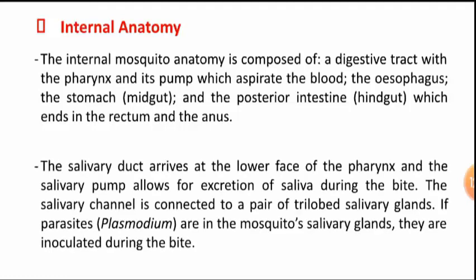The salivary duct arrives at the lower face of the pharynx, and the salivary pump allows for excretion of saliva during the bite. The salivary channel is connected to a pair of trilobed salivary glands. If parasites such as Plasmodium are in the mosquito's salivary glands, they are inoculated during the bite.